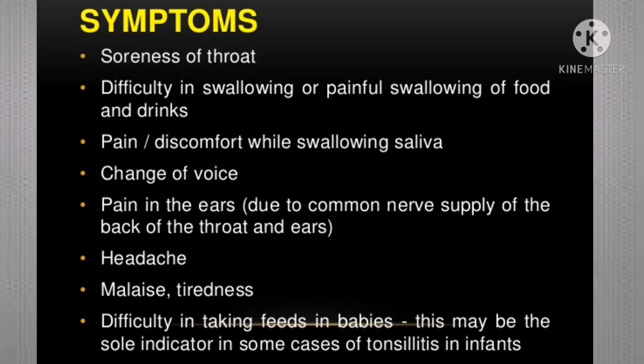These are the common general symptoms for tonsillitis, but each symptom will help in homeopathic treatment as a peculiar symptom for selecting the remedy. Soreness of throat, difficulty in swallowing and painful swallowing of food and drinks, pain and discomfort while swallowing saliva, change of voice, pain in the ears, headache, malaise, tiredness.